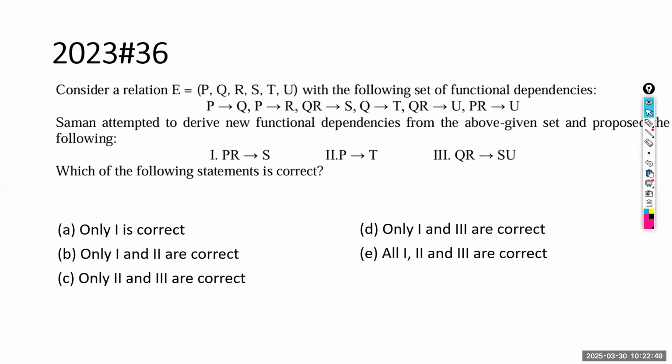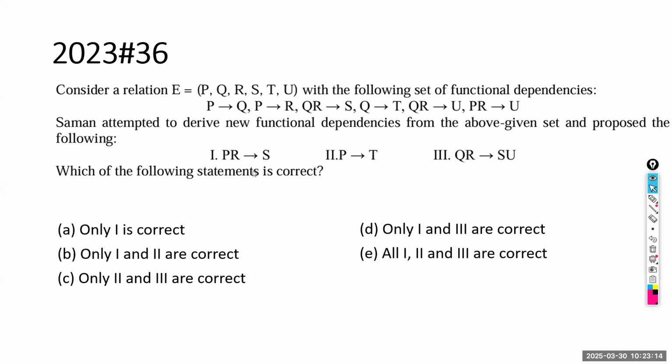Do the second one. 2023 question 36. Consider relation EPQRSTU with the following set of functional dependencies. Someone attempts to derive new functional dependencies from the above given set and proposes the following.